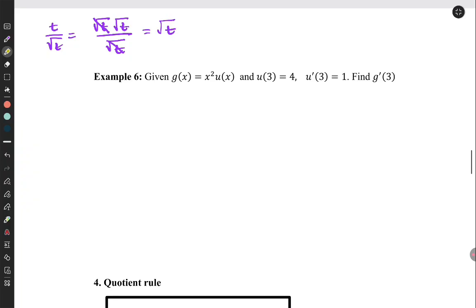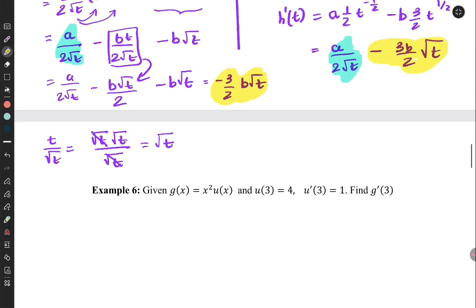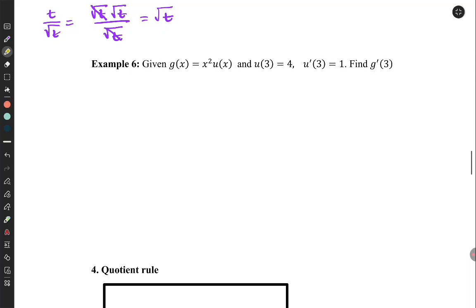Okay, so let's do another example with the product rule. Yesterday we discussed some rules when you take a derivative.